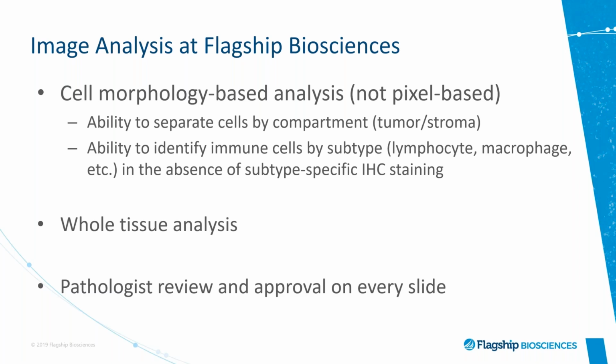This is done in general in the absence of subtype-specific immunohistochemistry. The other distinguishing feature of Flagship is that we don't practice a field of view approach, but we use a whole tissue analysis. And as I said before, pathologist review and approval happens in multiple steps on every slide.